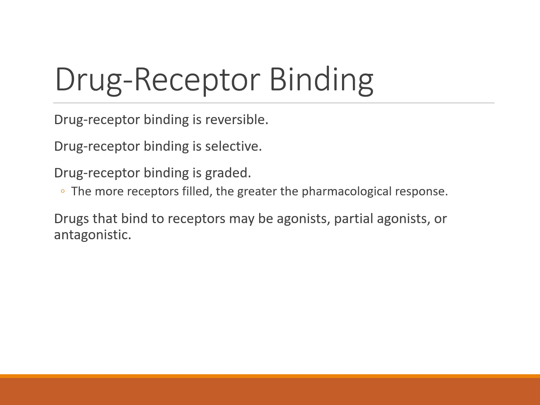You take a small amount, you have less response. We'll just use ibuprofen again. 200 milligrams versus 800 milligrams, you're going to have a greater response. Drugs that bind to receptors may be agonist, partial agonist, or antagonist. Know the meanings of those words.